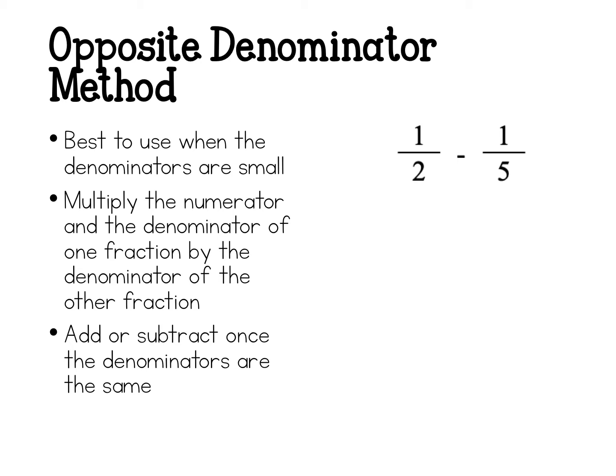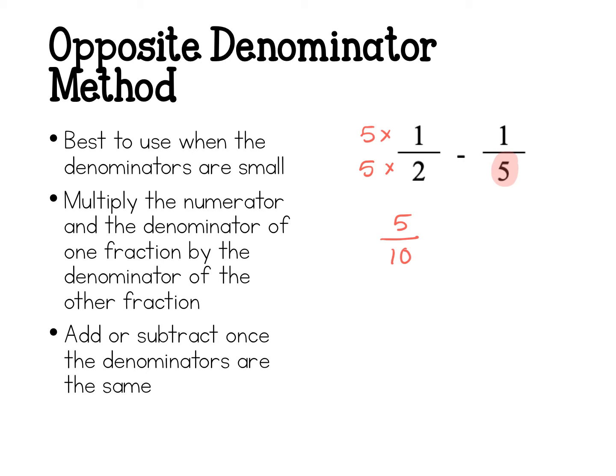So in this example, when I look at 1/2, I'm going to look at the denominator of the other fraction and multiply the numerator and the denominator of 1/2 by that number. So 1/2 becomes 5/10. And what that's done is created an equivalent fraction. I know that 5/10 is equal to 1/2. So I haven't changed the value, I've just changed the numbers.